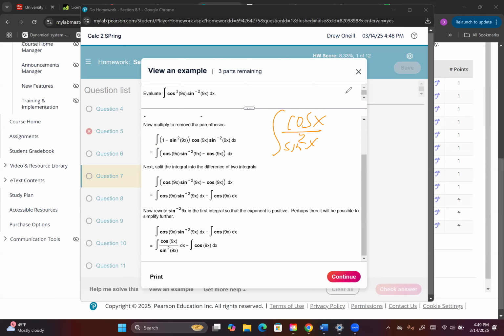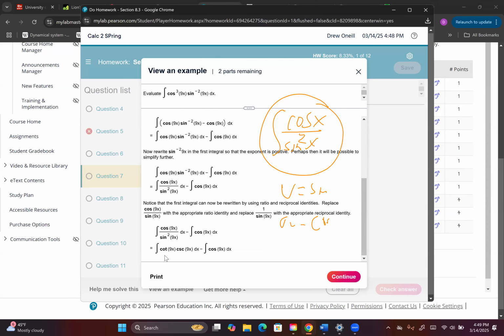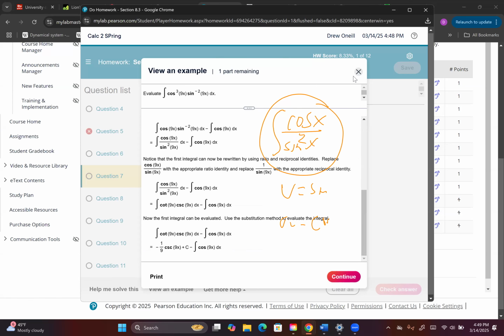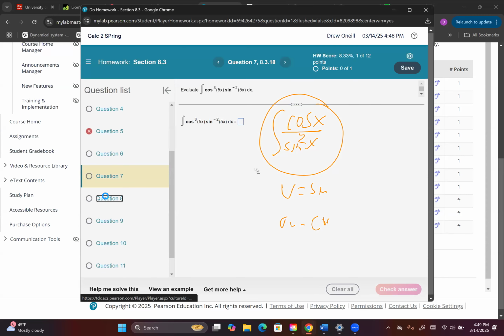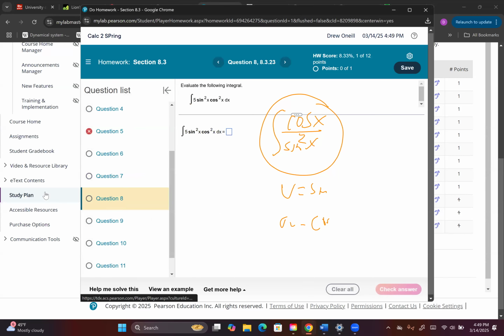And this is a u sub, right? My u is sine and my du is cos. So that's what they'll do next. I'll just walk through the rest of the help, but nothing crazy here. They wrote it like that, but you don't need to. You could just think of it as a u sub. I don't know why they went that way.